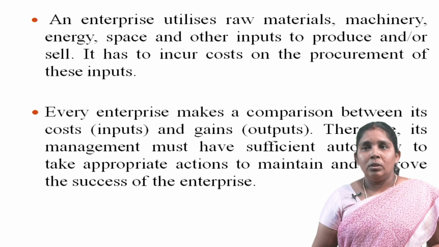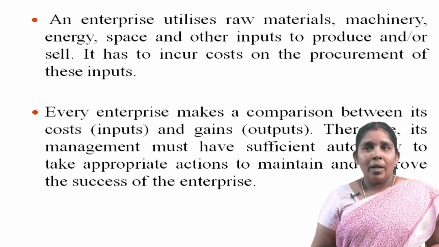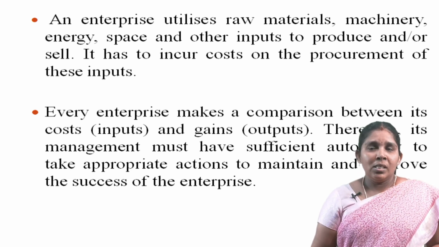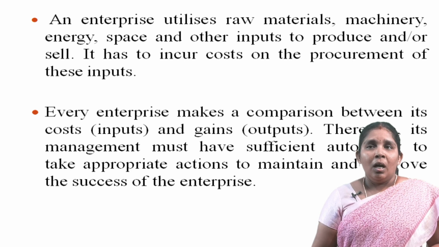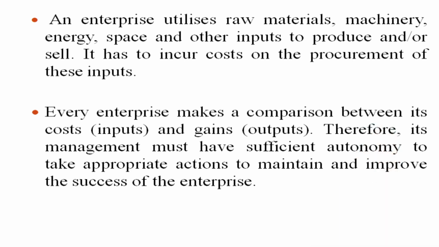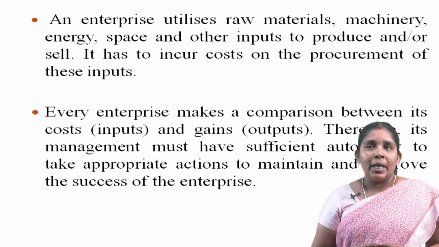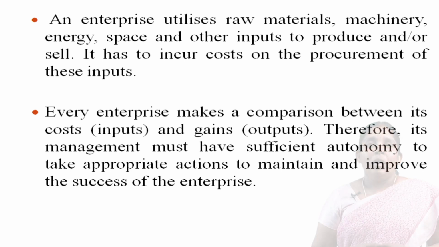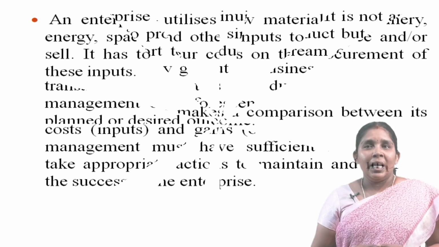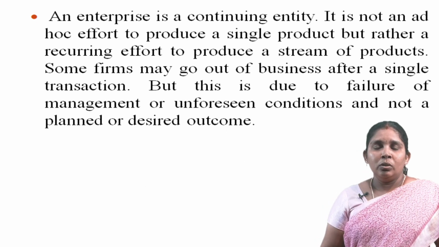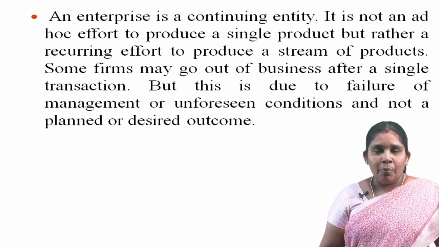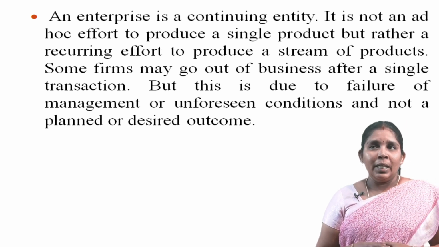Then third feature, every enterprise makes a comparison between the cost of input and output. Therefore, the management must have sufficient autonomy to take appropriate action to maintain or improve the success of the enterprise. The fourth feature, an enterprise is a continuing entity.